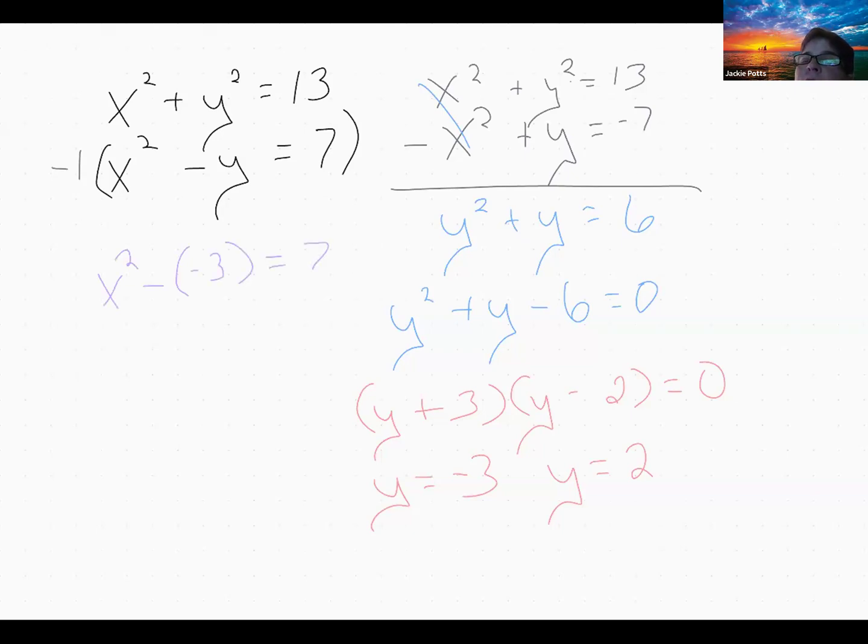When I subtract the 3 off, x squared equals 4. Square root both sides. We have 2 answers potentially for x. So at -2, y is -3. And at +2, y is -3.